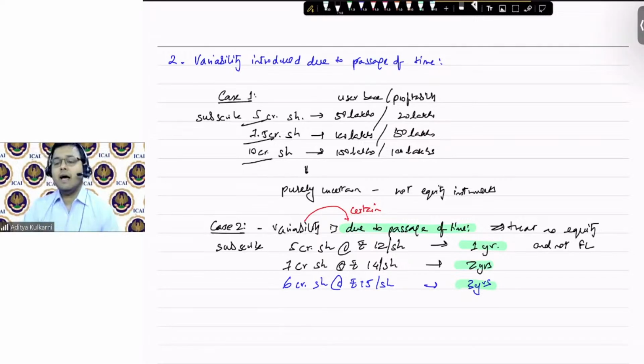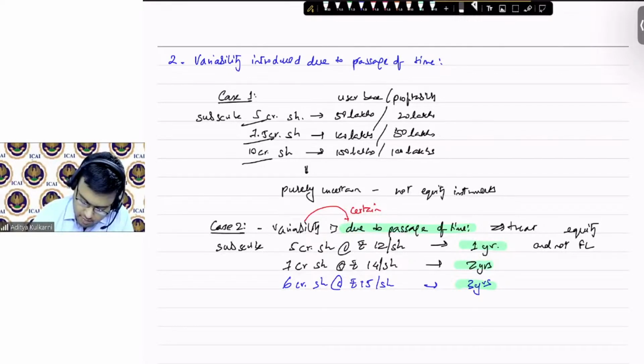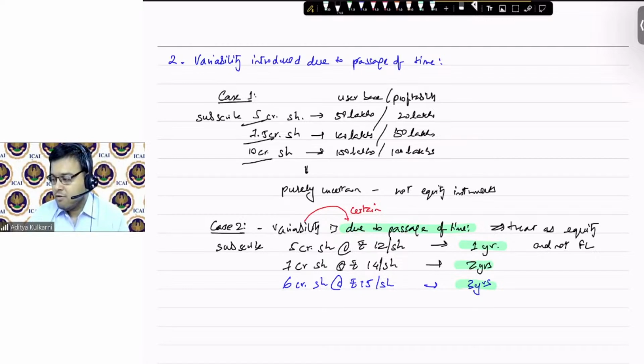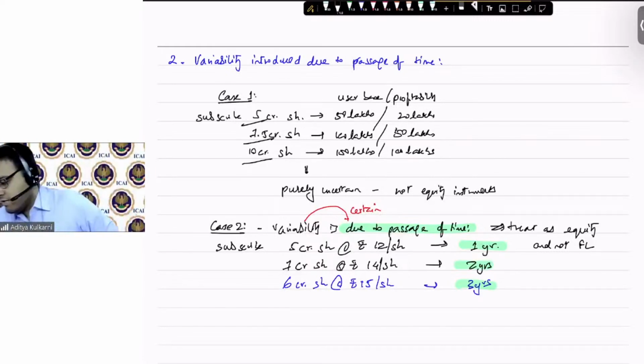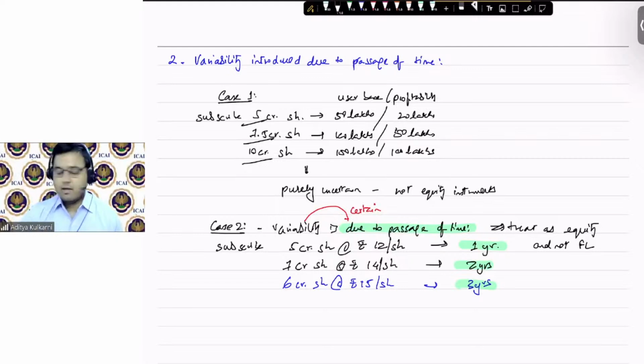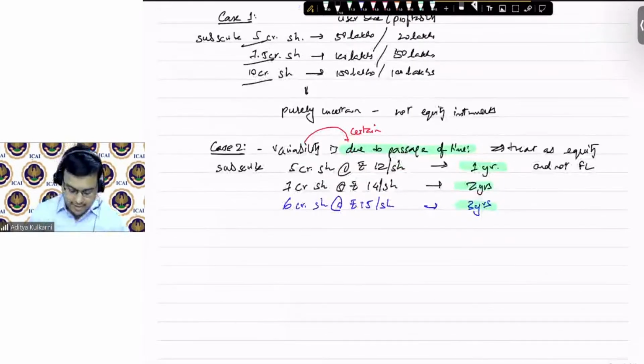But if it is dependent on something purely uncertain, it will be regarded as financial liability. Have you understood? Yes. Kaushiki, Jahnavi, Namrata, Viraj, Tushar, did you guys follow the second exception? Did you follow the second exception? Yes. All right. Great. Next.